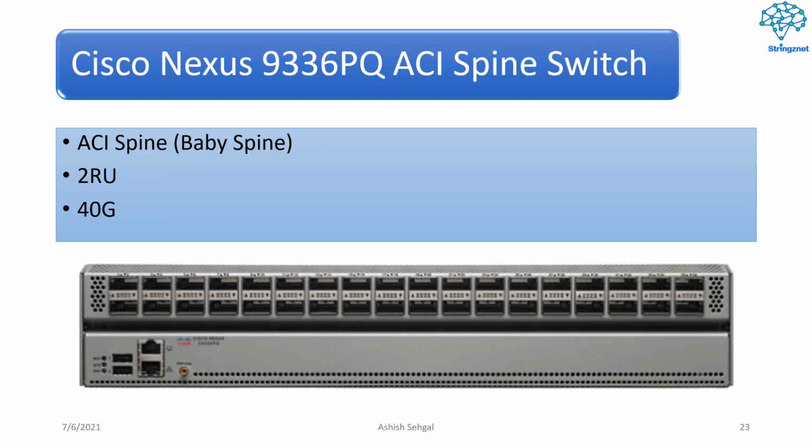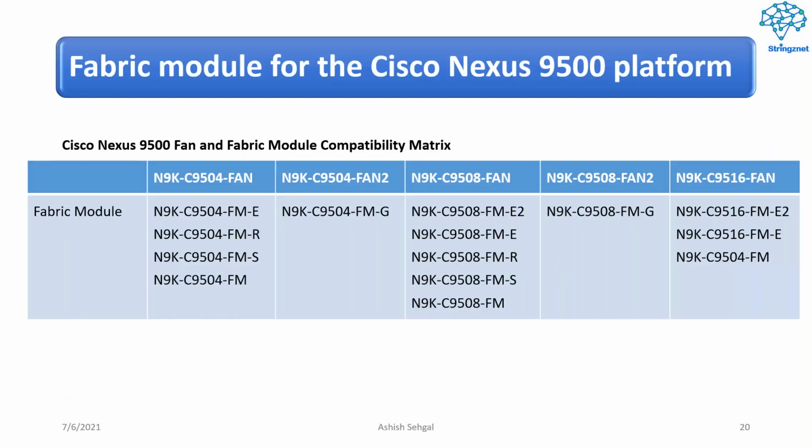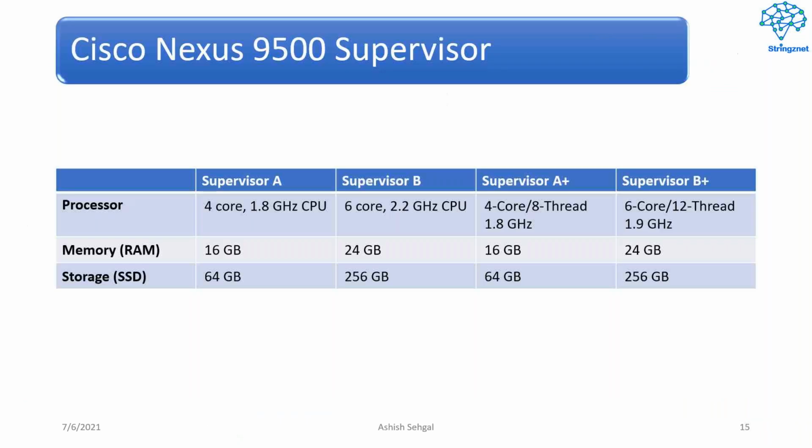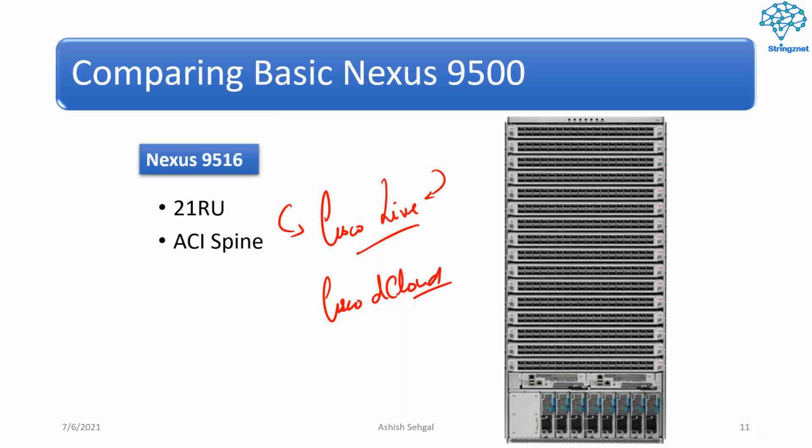Why should one go for a higher model in ACI spine switch, say 9500, 9516? This particular switch is giant, right?